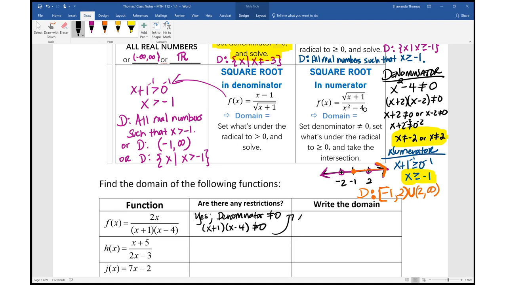And then if we solve that, we don't want x plus 1 to equal 0 or x minus 4 to equal 0. We don't want x to equal -1 or 4. So what is the domain? All real numbers except those two numbers. All real numbers except x equals -1 or x equals 4.